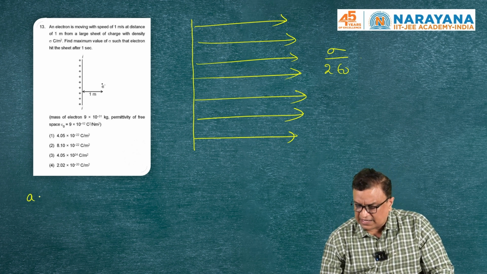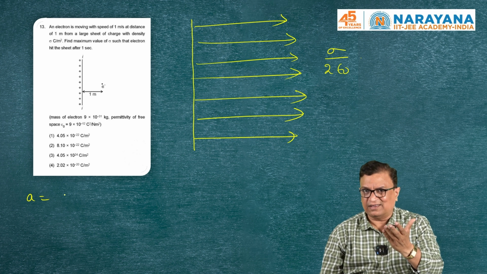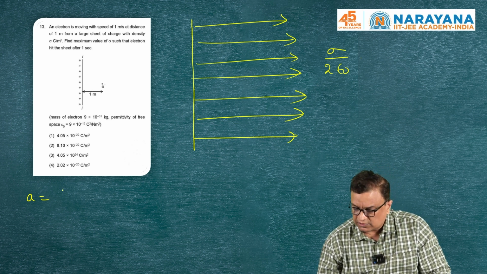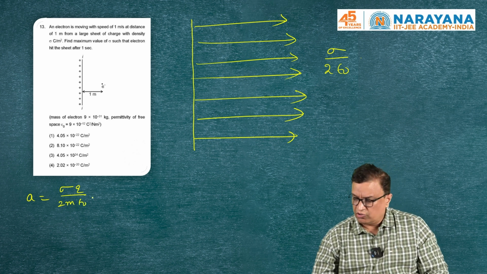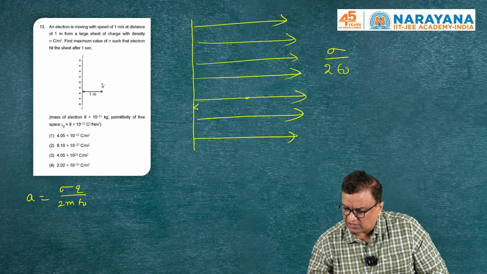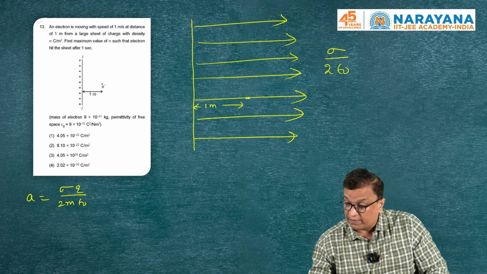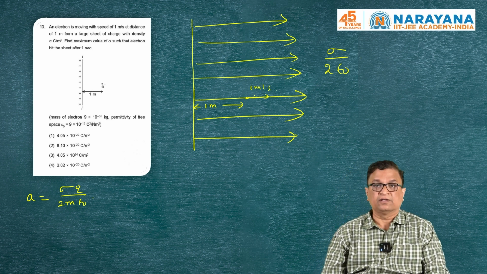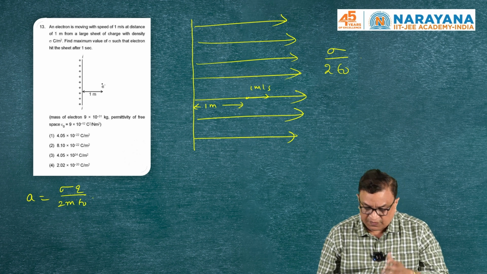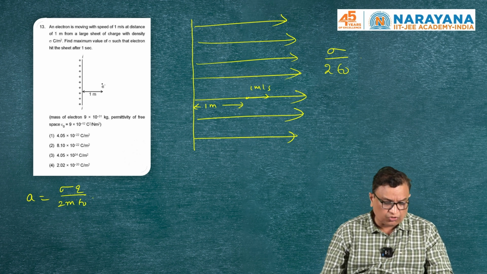So acceleration is eE by m, that is sigma e by 2m epsilon naught. Now you projected this at a distance of 1 meter, that's given, 1 meter per second is the speed, 1 meter is the distance. Now, my doubt is whether it is projected away or towards?